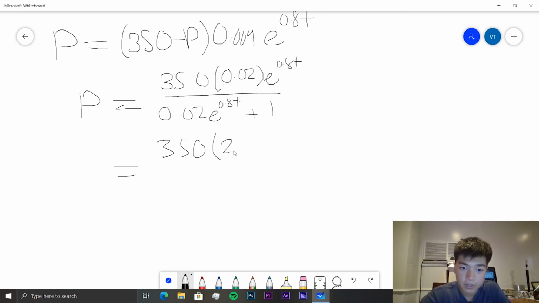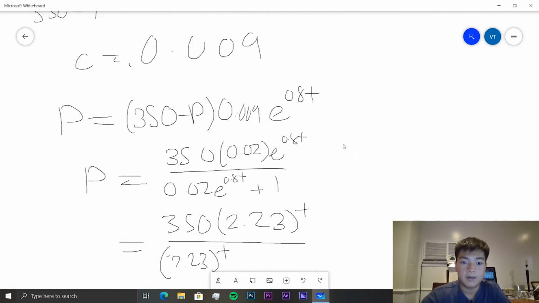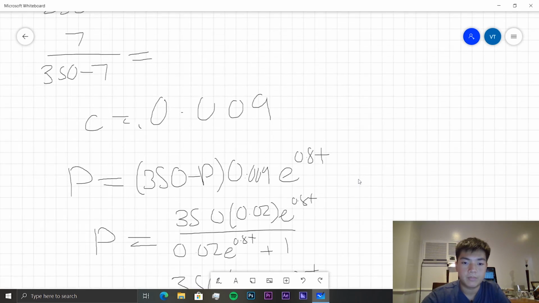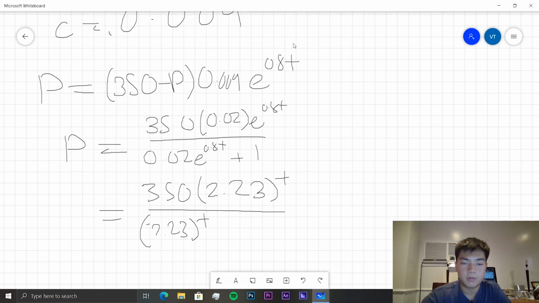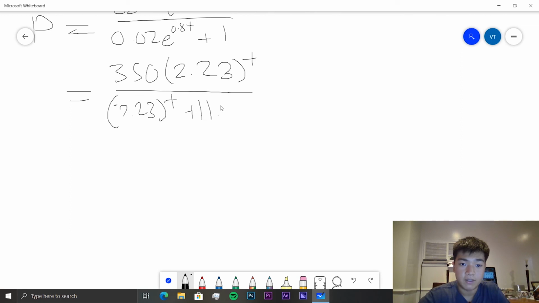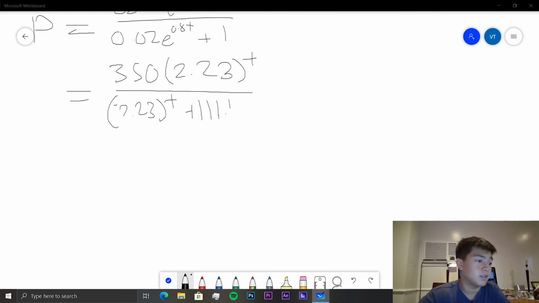So this is 350 times 2.23 to the t over 2.23 to the t plus 1 over 0.009, which is equal to around 111. So that's weird. Yeah, I think the book's a bit wrong.